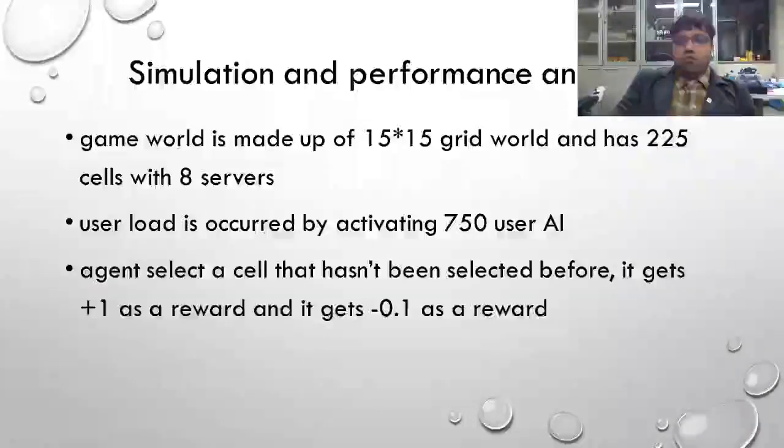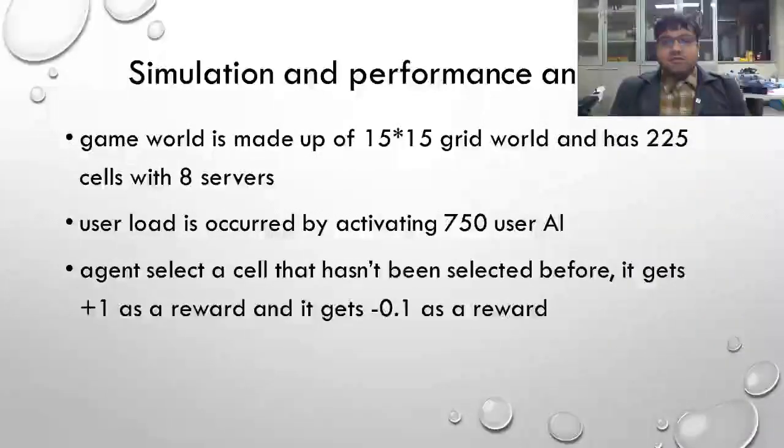As you can see, this system is made up of a 15 by 15 grid world, and it has 225 cells with 8 servers. It takes the user load by generating 250 user AI. Then when the agent selects a cell that hasn't been selected before, it gets a positive reward if it is selected properly, and gets a minus 0.1 reward as a negative reward.